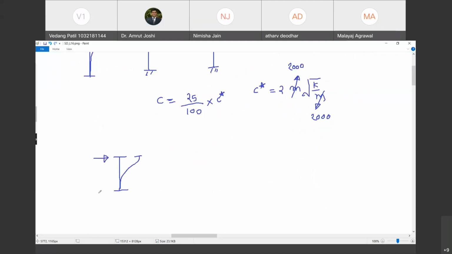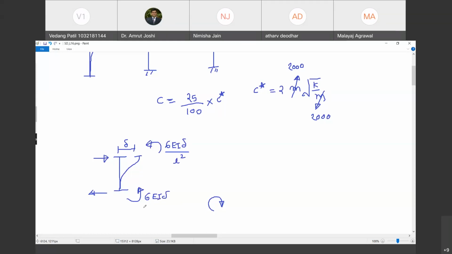As a consequence, how will the reaction come here? It will come this way. Do you agree with me? Yes, sir. If I call this delta, these two, action and reaction forces, are causing a clockwise movement like this. Do you agree with me? Yes, sir. So this clockwise movement must be resisted by anti-clockwise movements at the fixed end. Do you agree with me? Yes. How much is this anti-clockwise movement? It is 6 EI delta upon L square. We know this formula. Do you agree with me? Yes, sir. This is also 6 EI delta upon L square.